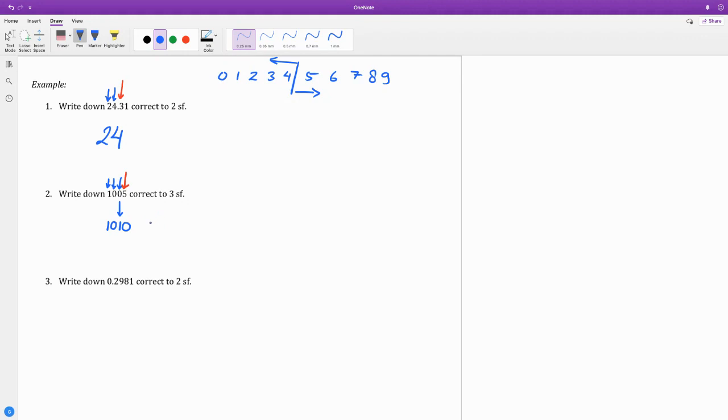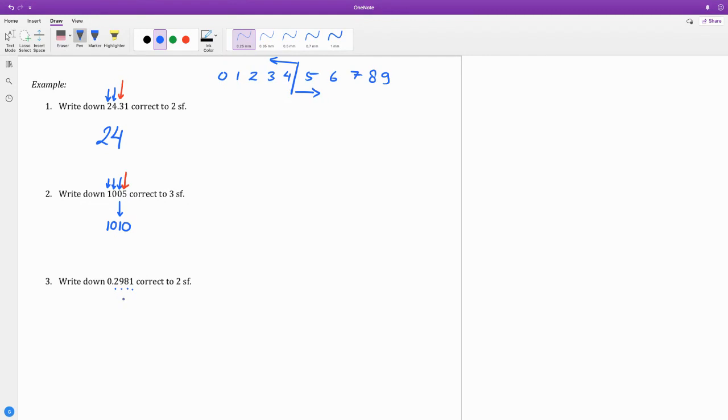The third one, write down 0.2981, correct to 2 significant figures. For this number, 0.2981, we have 4 significant figures: 1, 2, 3, and 4. Because the zero to the left of the first non-zero is not significant, the significant digits are 2981.